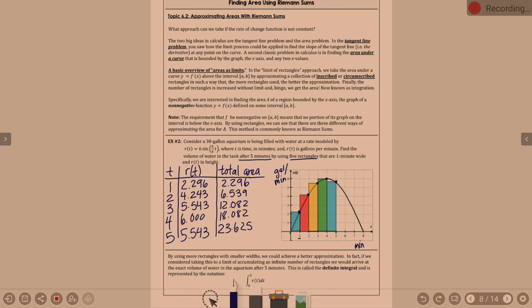After 5 minutes, the aquarium has 23.625 gallons of water in the tank. That makes sense.